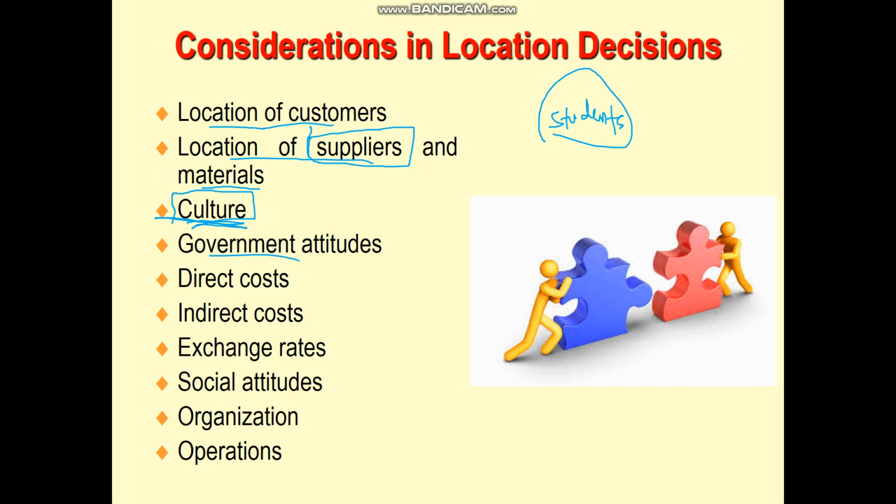And also the government attitudes. If the government welcomes us to locate the facility there. For example, the North Korean government doesn't really welcome people to go there to do business, so the company has to consider that factor. And also we have to consider direct cost and indirect cost.